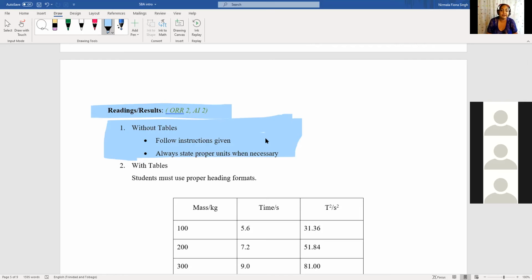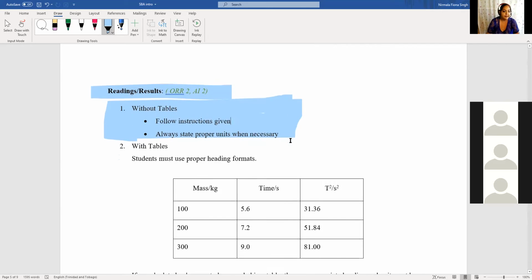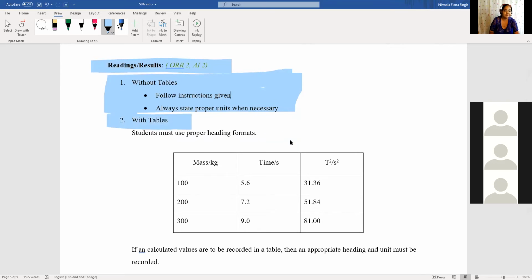Units are the quantities we use to measure our things with. So if I'm measuring distance, I measure in meters. If I'm measuring time, I measure in seconds. If I'm measuring current, I measure in amps, and so forth. But again, I will help you all out in the first set of labs, and then after that, you're supposed to remember. Tables. Sometimes we have to take multiple readings of certain quantities, and it's best to put it in a table.